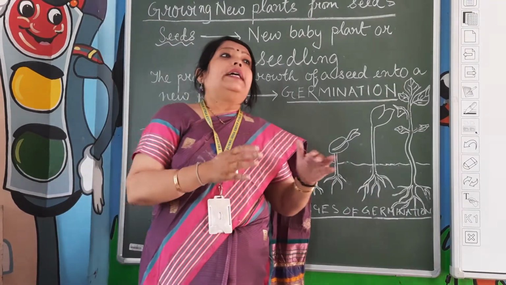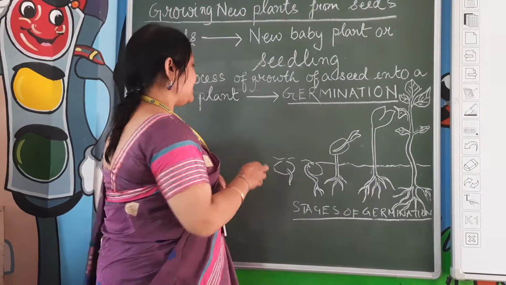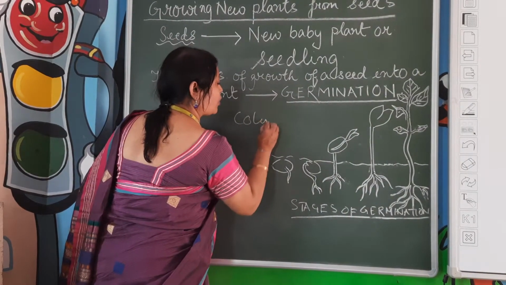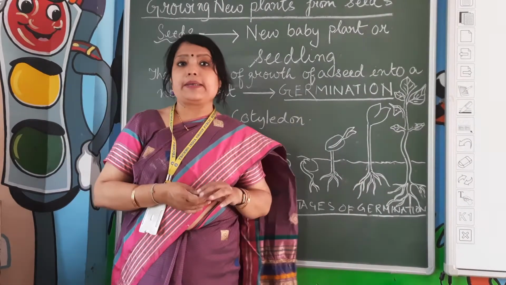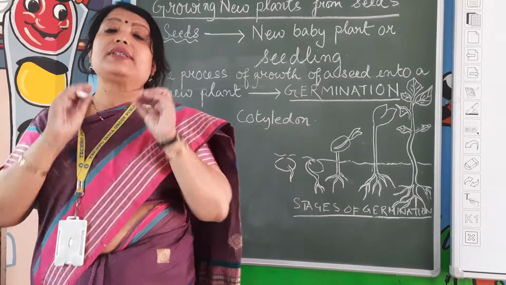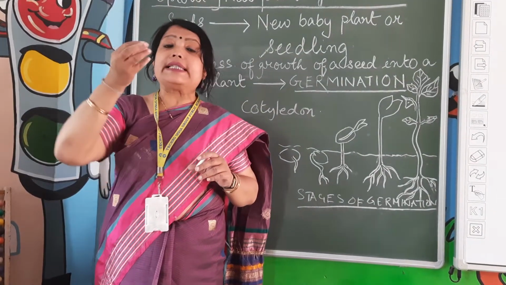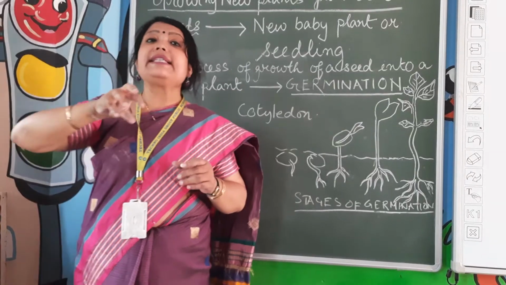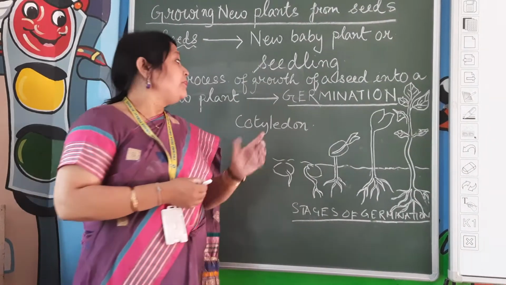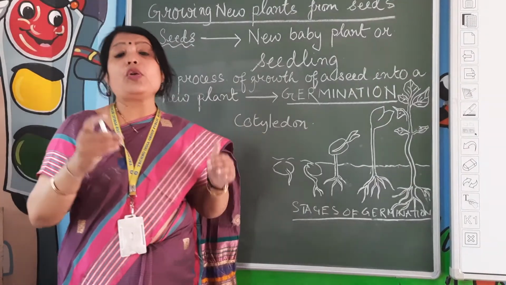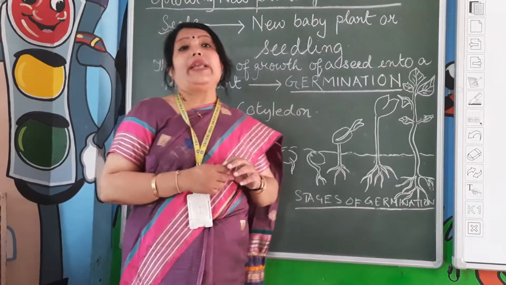Now, here comes another term, which is known as the cotyledon. What cotyledon is and what its structure is will come in a later part. But as of now, keep it in mind that when the plant remains in a seed state, it takes food from the cotyledons, but later on when it develops into a plant, it takes food from the soil.